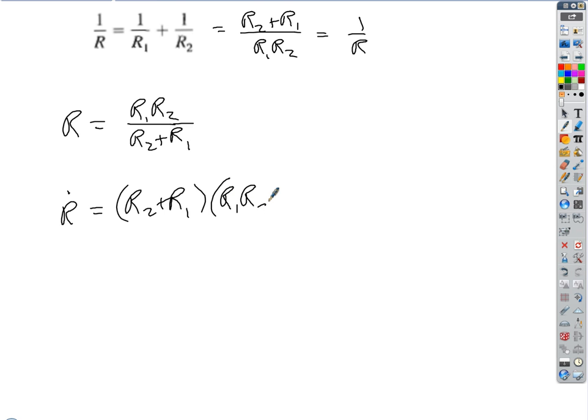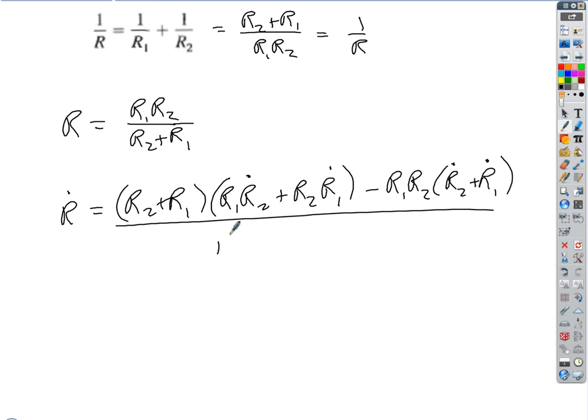R1 R2 dot plus R2 R1 dot, minus R1 R2 times the derivative of the bottom, which is R2 dot plus R1 dot, all divided by R2 plus R1 squared. That looks pretty bad, but we're just plugging in numbers, right?